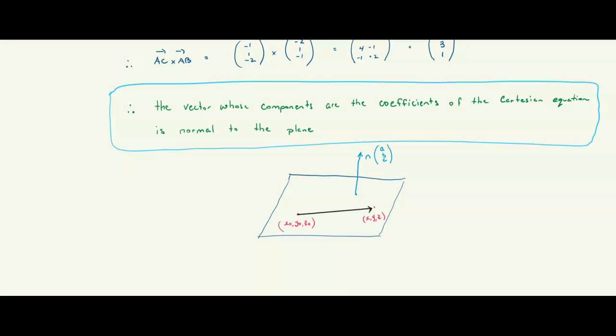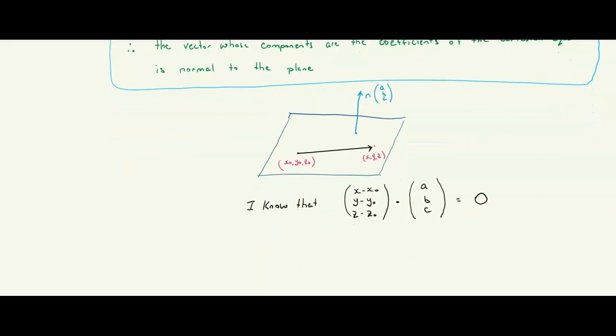So from the definition, I know simply this, that my vector x minus x naught, y minus y naught, z minus z naught, that vector that I've just drawn in, dotted with my vector ABC, which is my normal vector, has to give me 0.